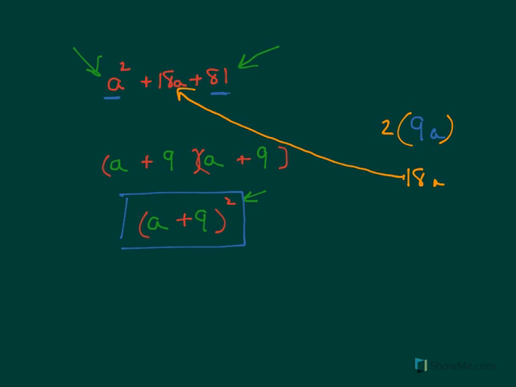And again, if you don't pick up on the special pattern, it's not always that big of a deal. You can still factor it using our traditional factoring techniques. So if I was to factor this original problem without trying to notice the special pattern, we know it's going to come from two factors. We're going to need an a and an a to make the a squared. And we're going to be looking for factors of 81 that add up to be 18.